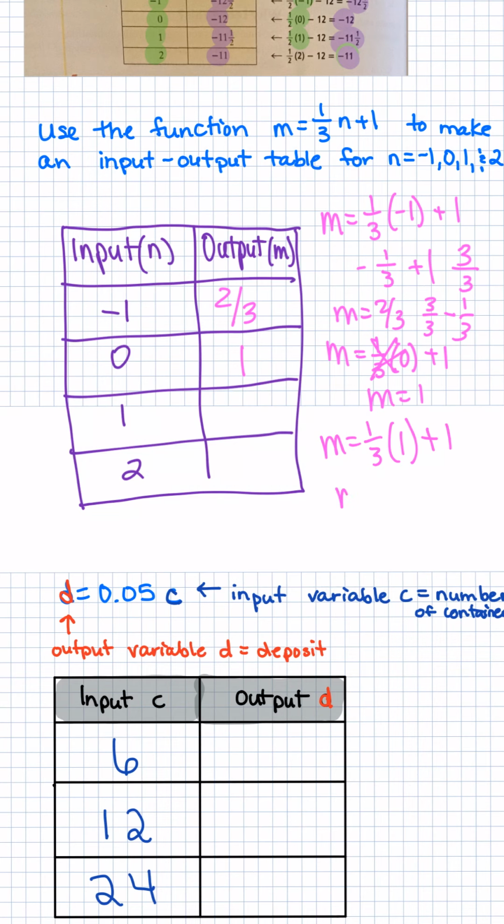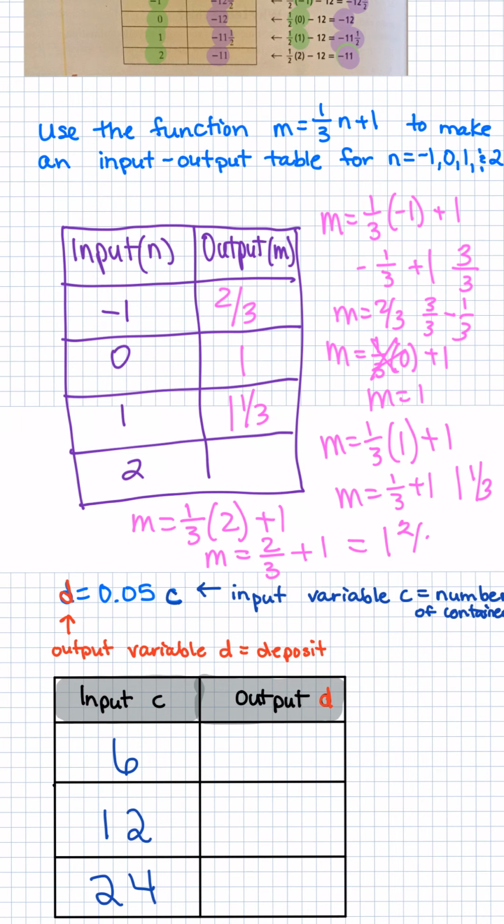That's going to equal 1/3 plus 1, which equals 1 1/3. And then if we did 2, we have m equals 1/3 times 2 plus 1. So multiply those together, we get m equals 2/3 plus 1, and that's going to equal 1 2/3.